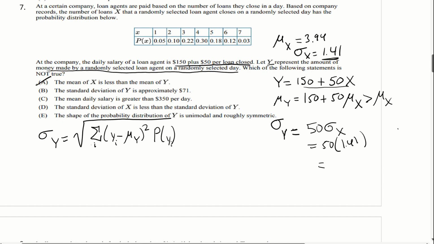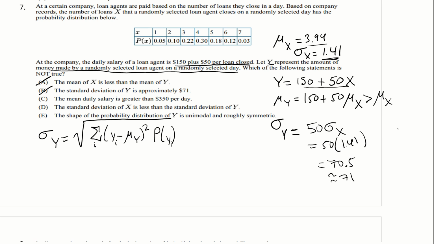If we calculate that, we get 70.5, which is approximately 71, right? And so it cannot be B because it looks like B is right. Now let's do part C. The mean daily salary is greater than $350. So let's see if that's true.